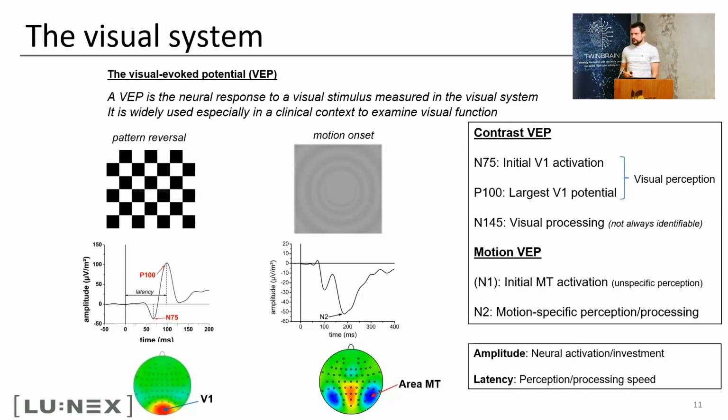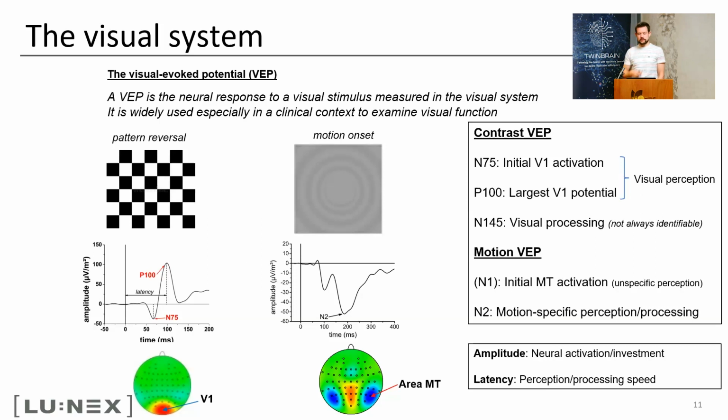What we are typically analyzing when we are comparing groups, time points or conditions is the amplitude, so basically the neural activation or the investment of resources, depending on how you would like to interpret it. And also the latency, the perception or processing speed.